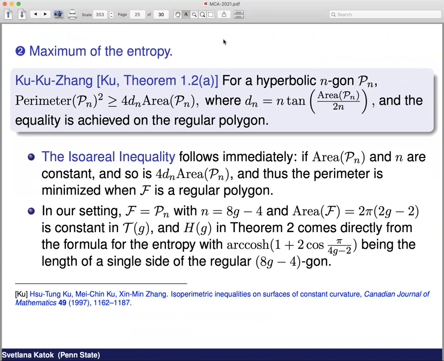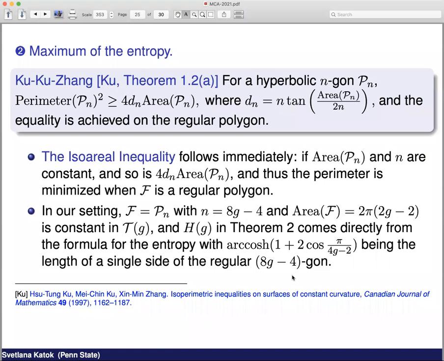Well, the second part we call the isoareal inequality, which is like the isoperimetric inequality backwards. And this is a known result. We proved it, but then we found the reference, which is not so old, actually, 1997.